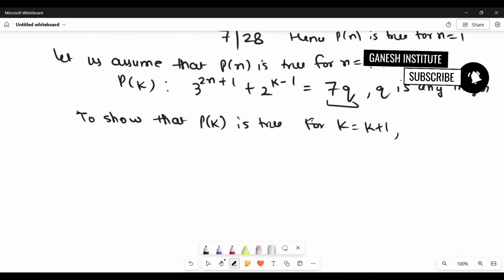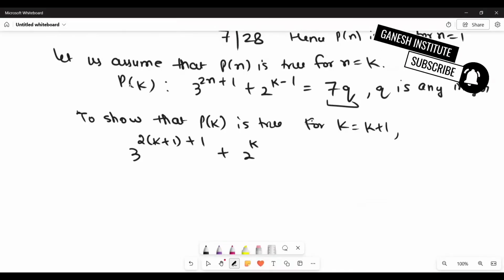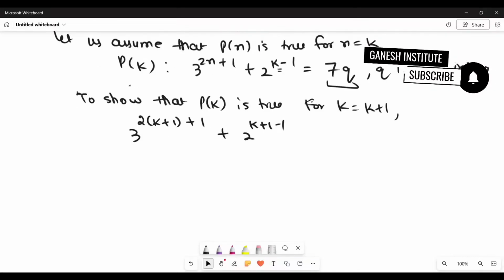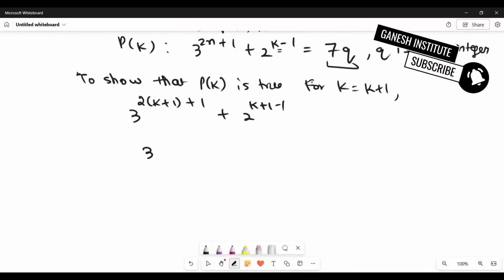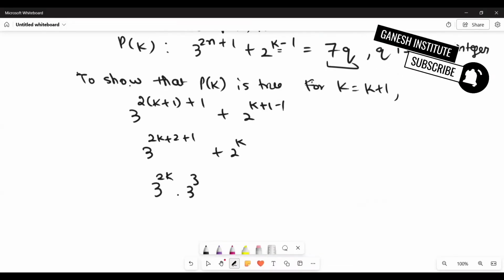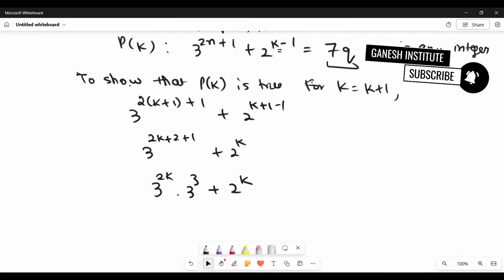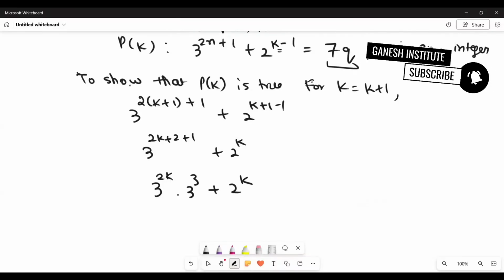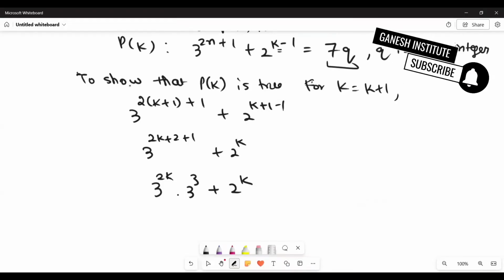So on the left hand side, I'll put k plus 1 in place of k, and I'll bring that 7 times something. So 2k plus 2 was a 2, and this is 3 raised to power 2k into 3 raised to power 3. What else can be done here? If I have to make it 7, I have to take something common also.